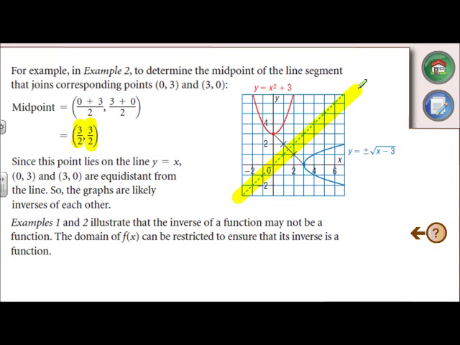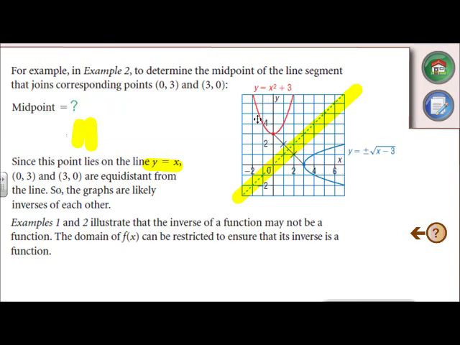The line y equals x, that's the whole purpose of what we're doing here, is we're proving that any point along here, if we find the midpoint between the two of them, it lies on the line y equals x, where the y value is equal to the x value. Everywhere on that line, the x and y coordinates are the same.